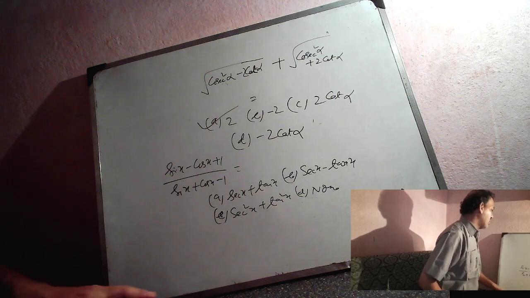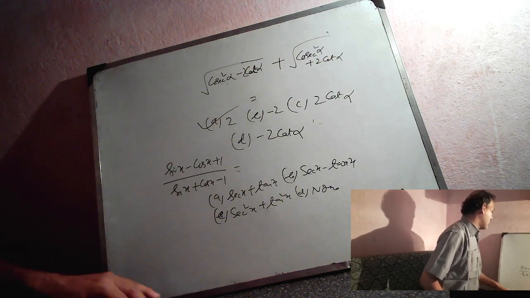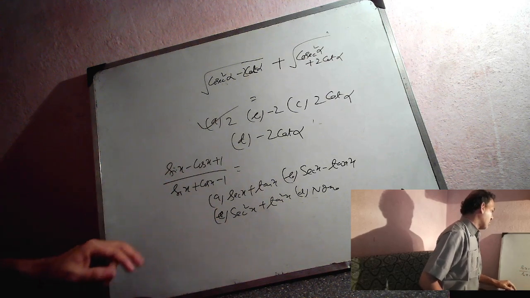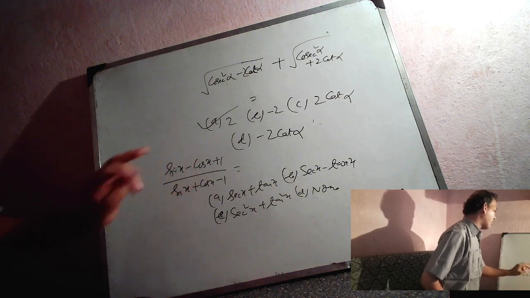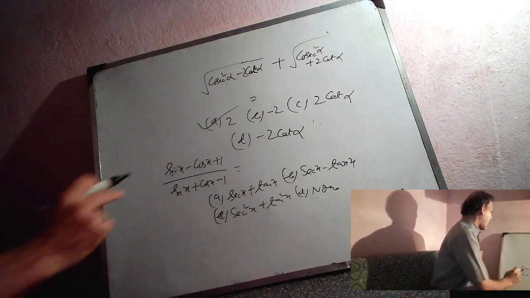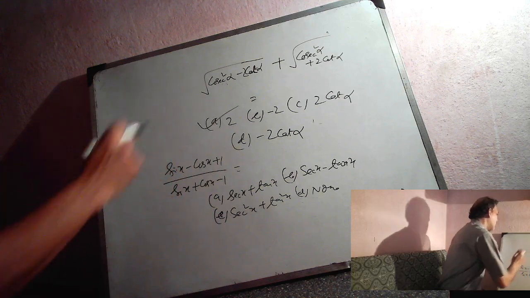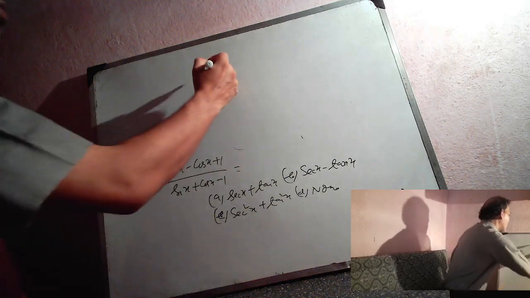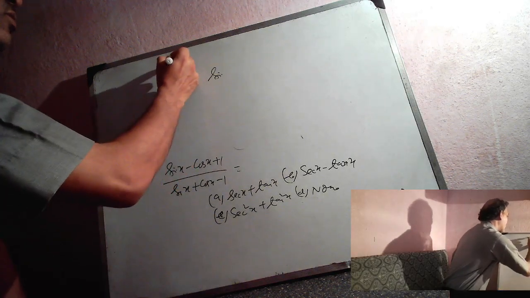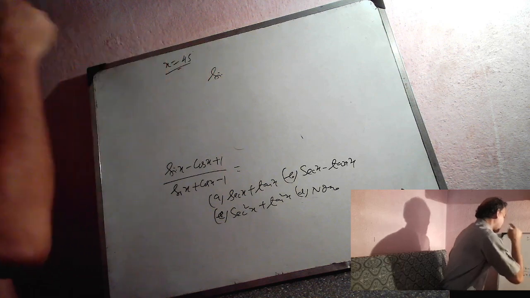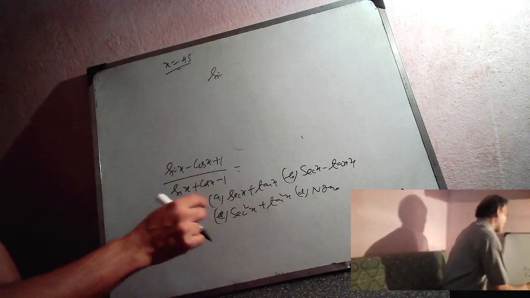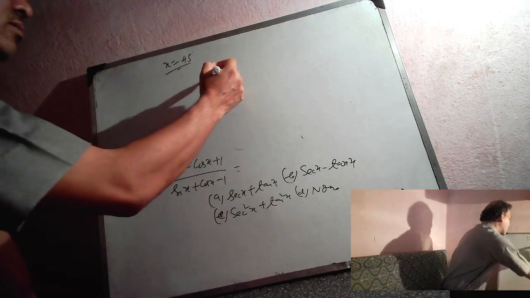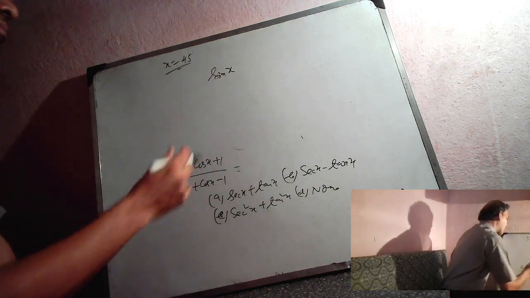Same procedure. We replace x by 45 degrees. Sin 45 is 1 by root 2, and cos 45 is also 1 by root 2. This is true for every value of x if the denominator is defined for that particular value of x.